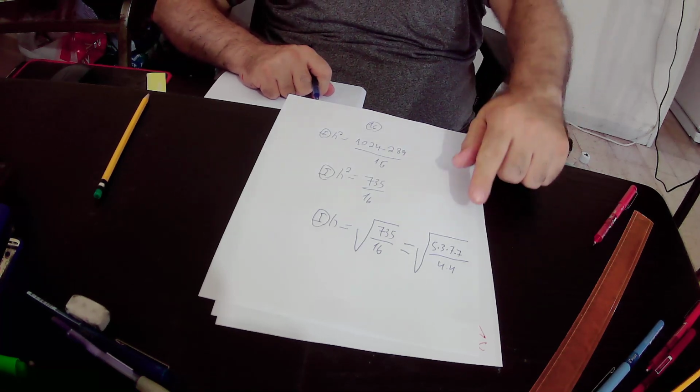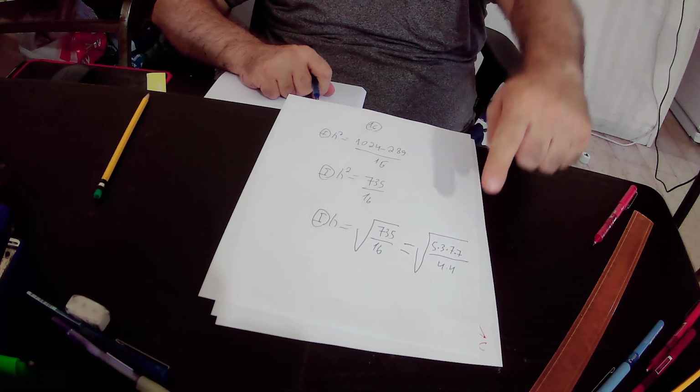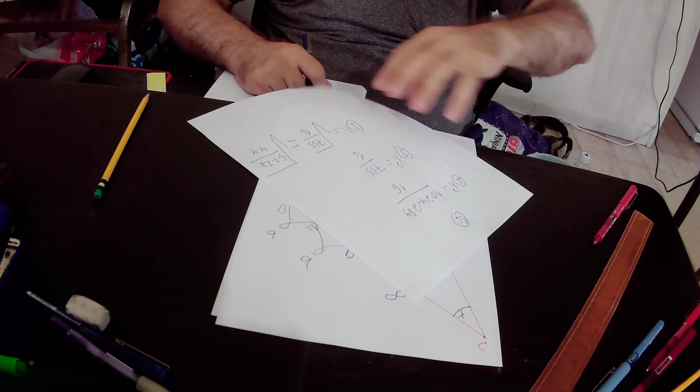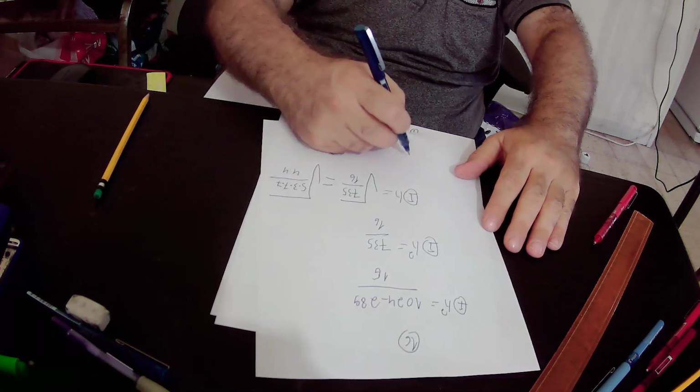The root of 7 times 7 is 7 and the root of 4 times 4 is 4.